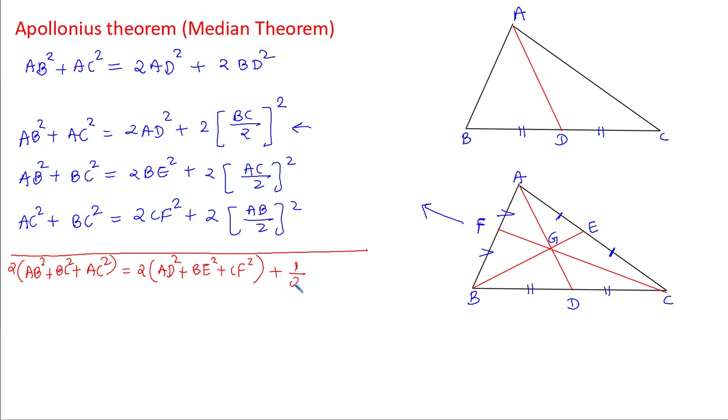So this is going to be 1 divided by 2 into (AB square plus BC square plus AC square).